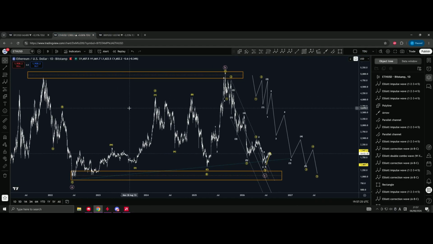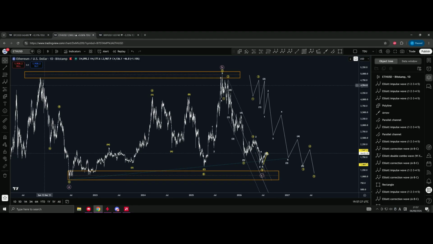similar. So before I had this as a 3, I forgot what I had here. Did I have a flat here? Or a sideways combo? Doesn't matter.